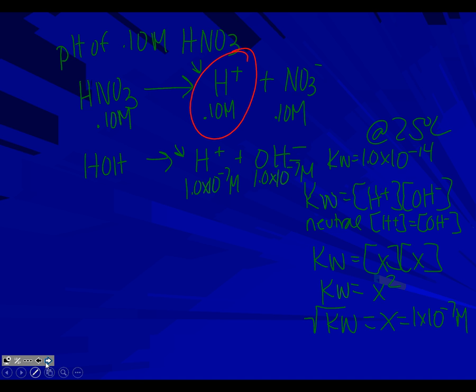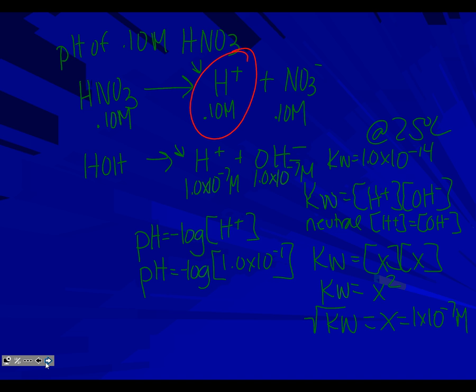So pH equals the negative log of our hydrogen ions. pH equals the negative log, and here, let me show you a trick. Let's put this in scientific notation.